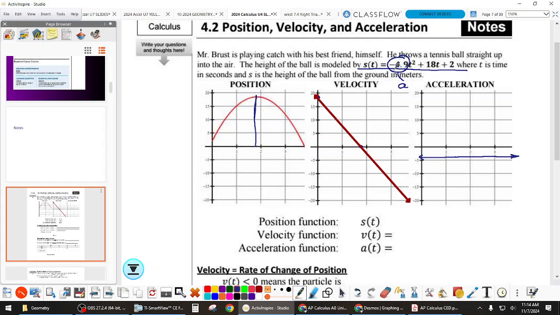Should the acceleration be 9.8 on that graph? Yeah. I see what you're saying. Yes, it should. If we did this in imperial units, do you know the gravitational acceleration in that unit system?